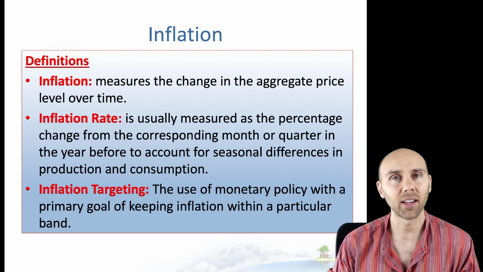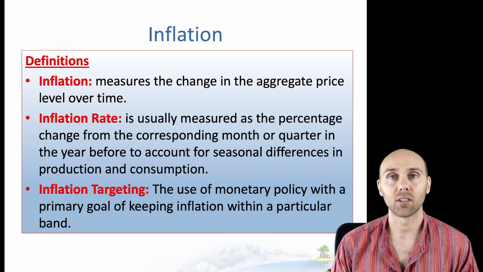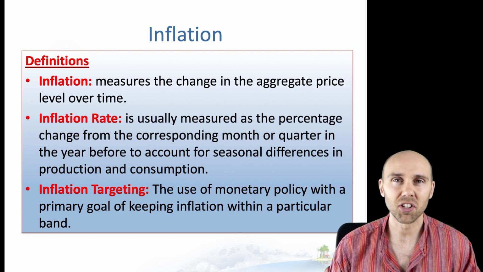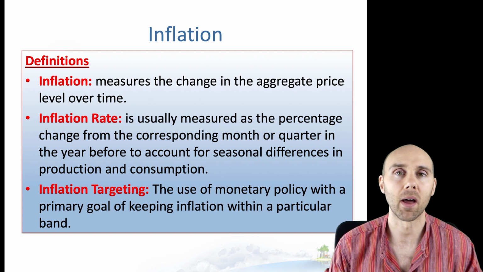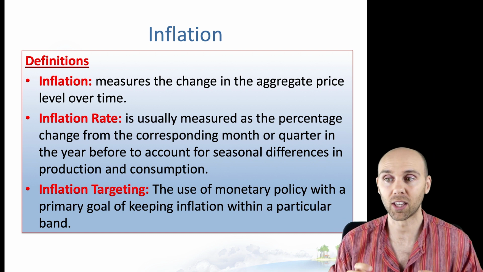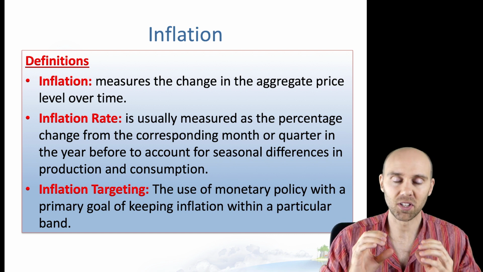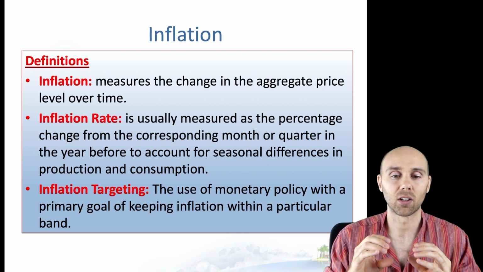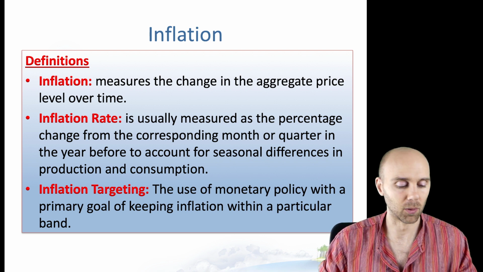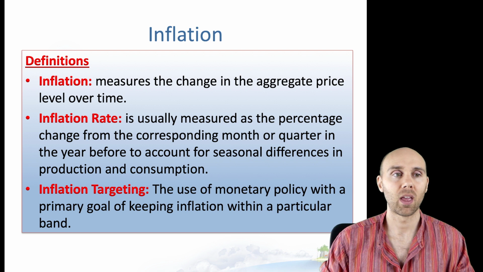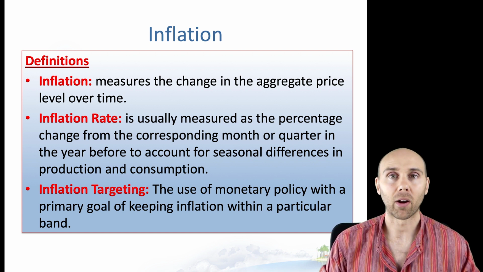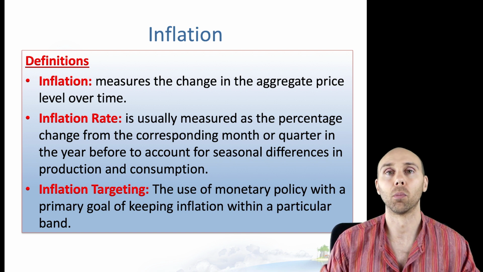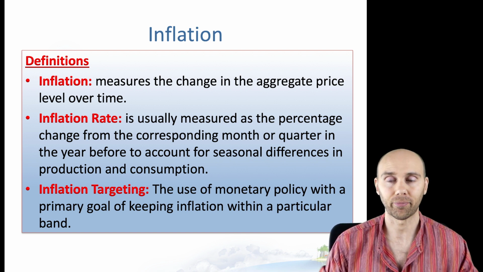And inflation targeting is essentially the culmination of what we've seen over the past hour, which is the use of monetary policy to try to keep inflation within some particular band that is low and predictable. Now, these are reasonably modern macroeconomic policy objectives for most central banks.